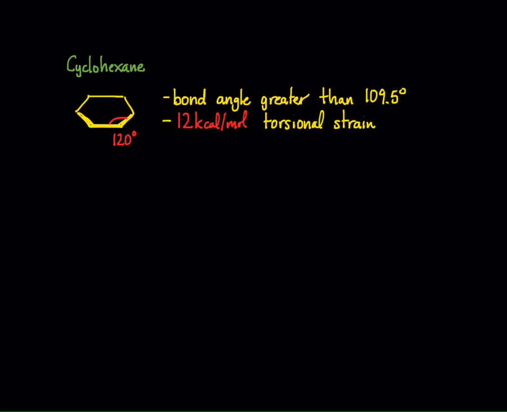So we have angle strain because we're again deviating from 109.5, and we have torsional strain because we have 12 carbon-hydrogen eclipsed bonds. Now it happens that both of these strains can be alleviated greatly by distorting that planarity, right?